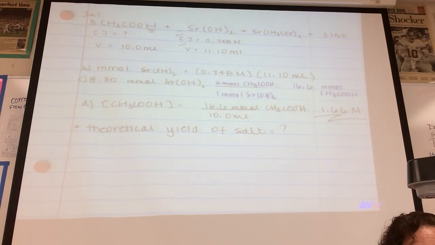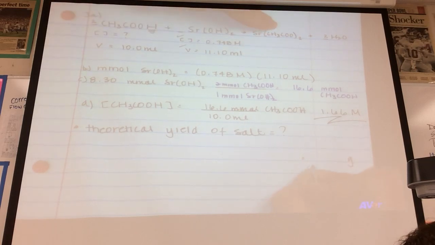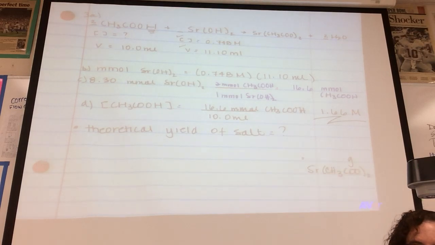Product. So what's the salt? Strontium acetate, right? Because the other substance is water. How do you get theoretical yield of something? What do you always start with? Actual. Careful. Percent. Theoretical. Careful. Starts with an L.